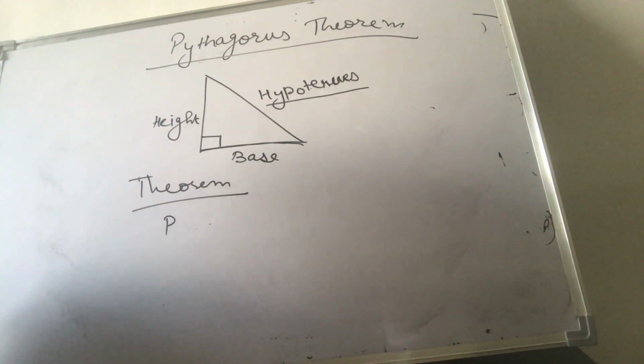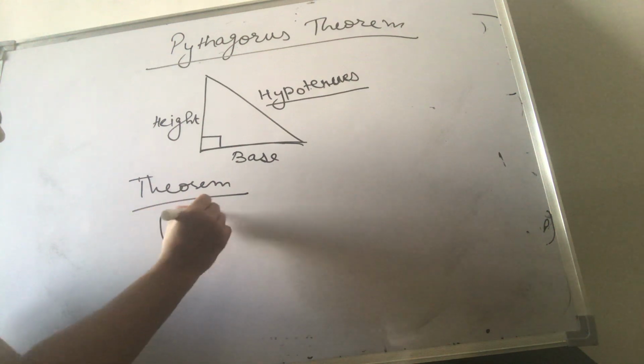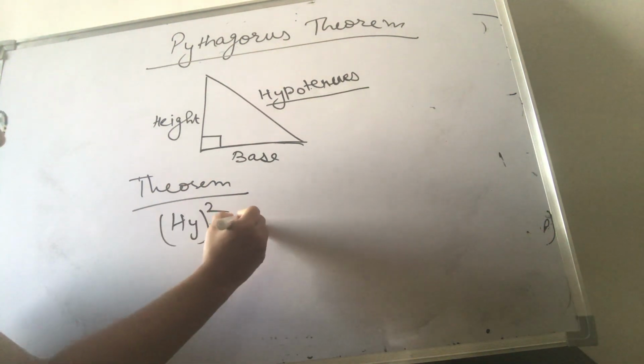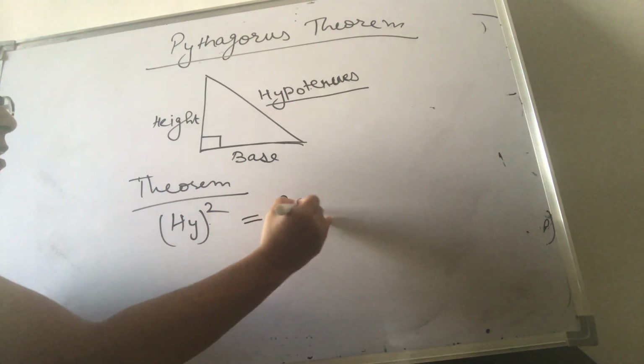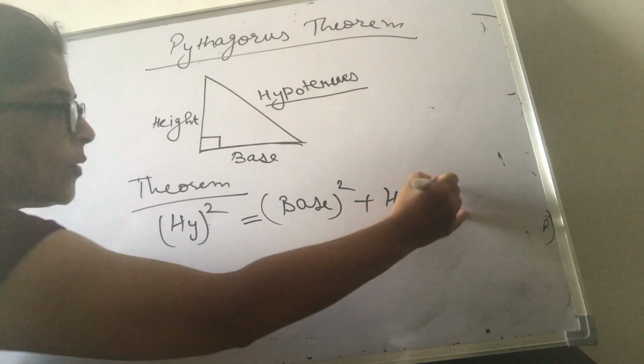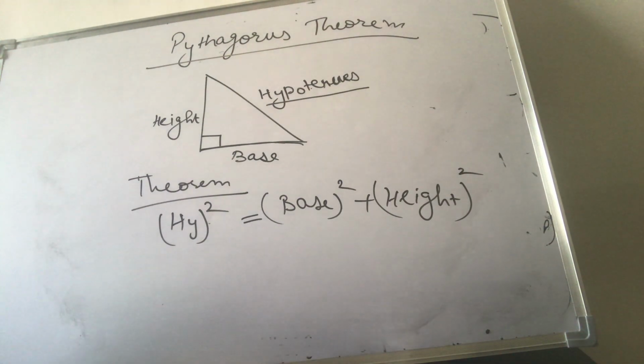That the square of hypotenuse, square means exponent chapter, hypotenuse square is equal to base square plus height square. This is called Pythagoras theorem.